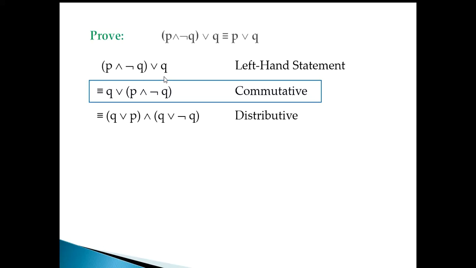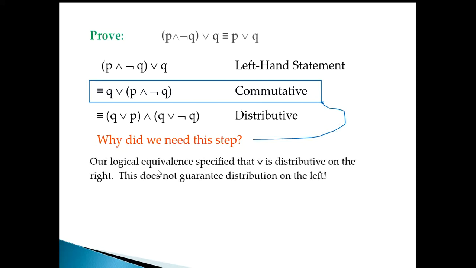Do you know why we did this step? Because our logical equivalence specifies distribution on the right side, not the left side. It is not specified that the left side is always guaranteed for the distribution.